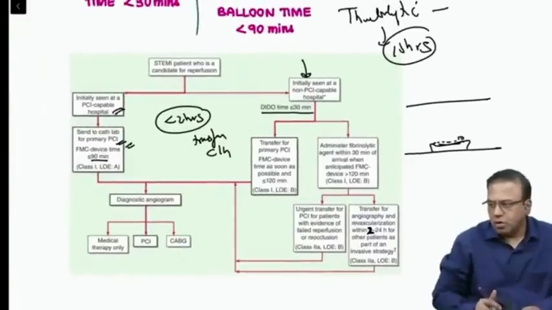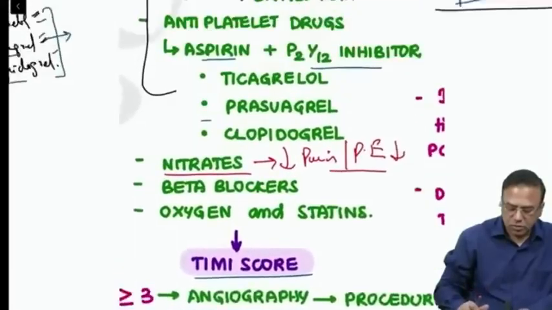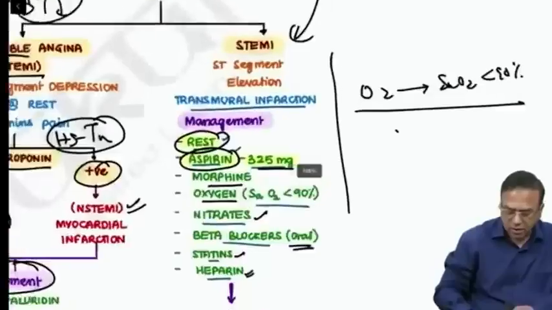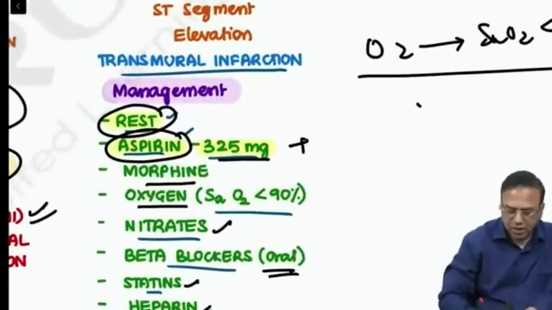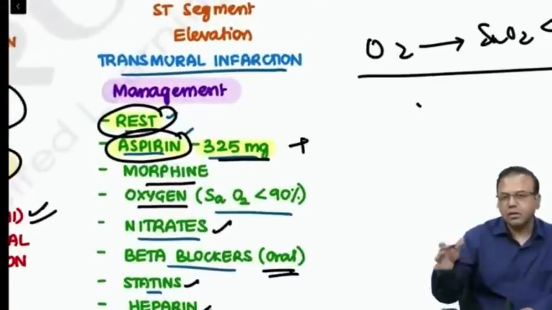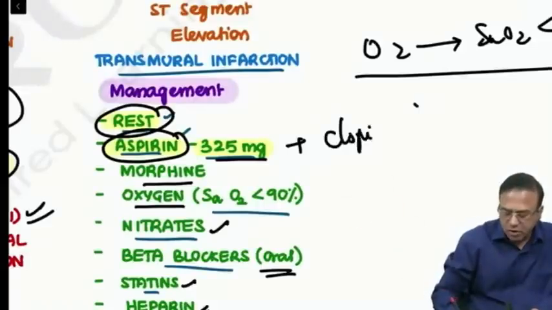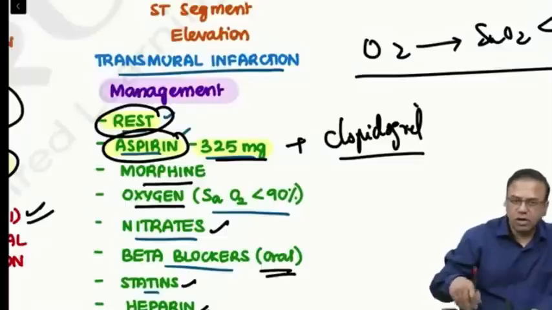Any role of clopidogrel in STEMI? Yes, clopidogrel also can be used, but the new guidelines suggest that in a patient with STEMI, clopidogrel should be used in the cath lab. It's not upstream. Clopidogrel has to be given along with a loading dose; only then do you get some benefit.